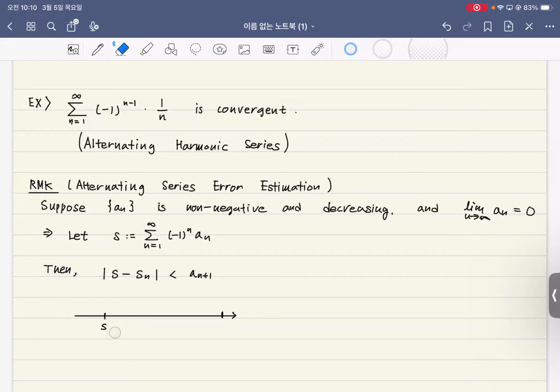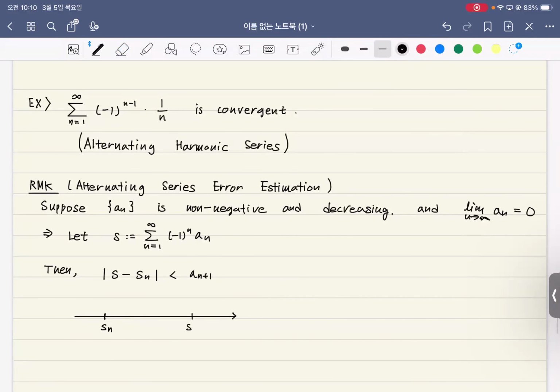Okay, now let me say this is my Sn, and this is Sn+1. For simplicity, we are assuming that Sn+1 is slightly greater than Sn, but this order may be different. So for now, let me suppose that Sn+1 is slightly bigger than Sn.